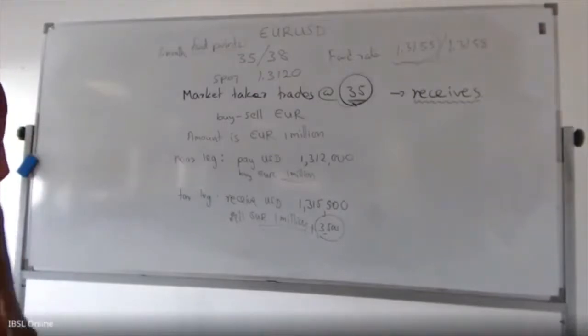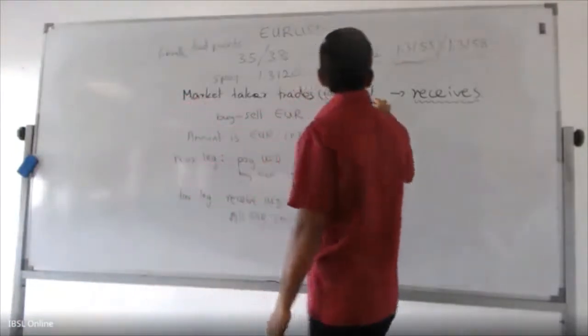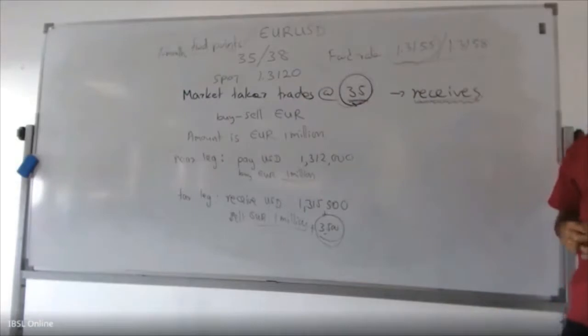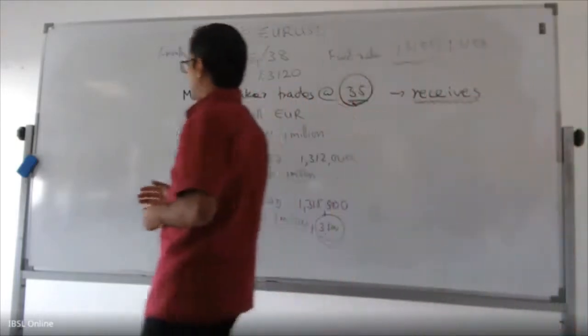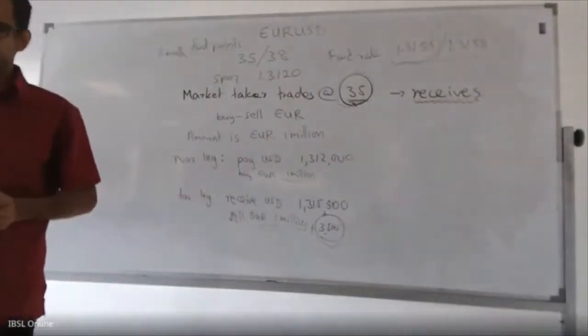Clear? So you receive it. That's why we say you receive this 35 ticks. Clear? Any question?